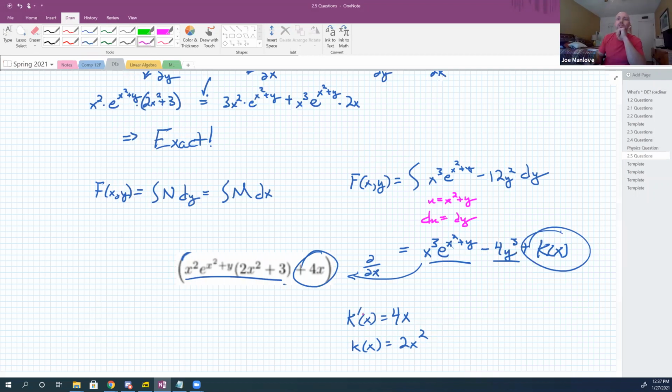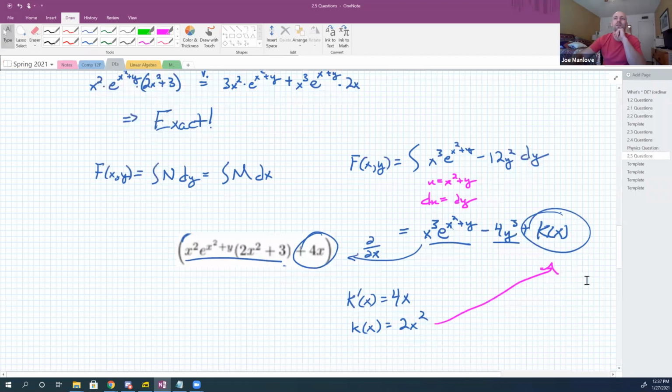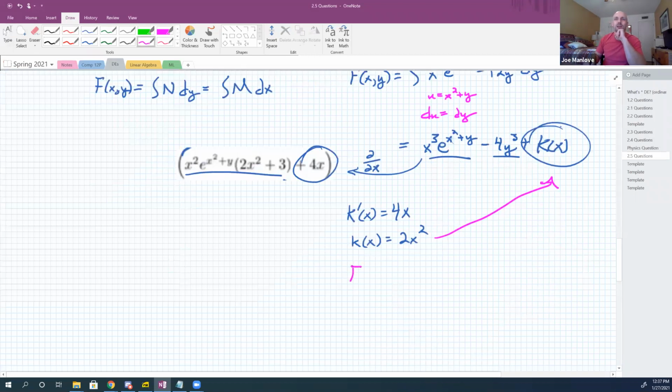So ultimately here, I take this guy, I plug it in there, and I get f of x and y looks like x cubed e to the x squared plus y minus 4y cubed plus 2x squared. Okay? Now what?